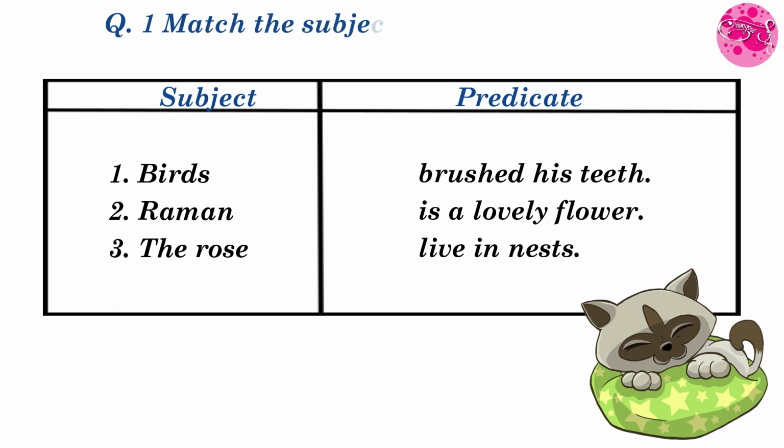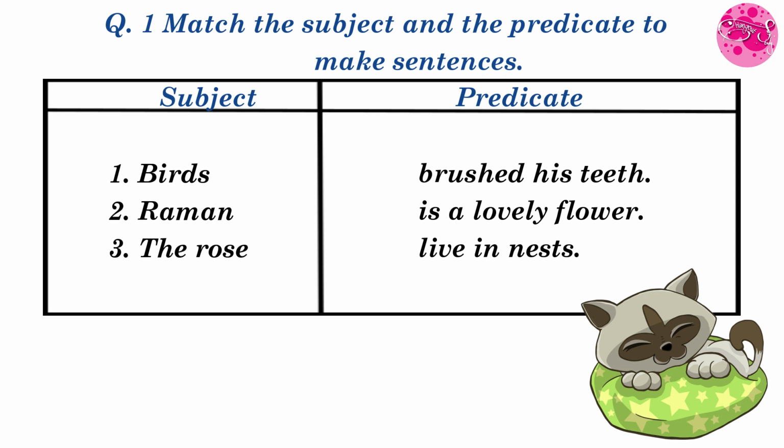First question. Match the subject and the predicate to make a sentence. Here two columns are given and we have to match the first column with the second column to make the correct sentence. Okay, so birds is a subject. So we have to search for the predicate. Birds live in nests. So we have to match it. Then second, Raman.